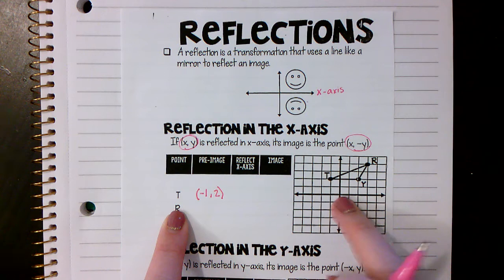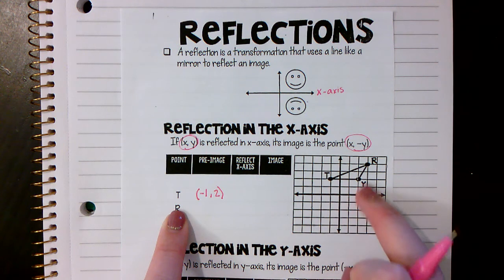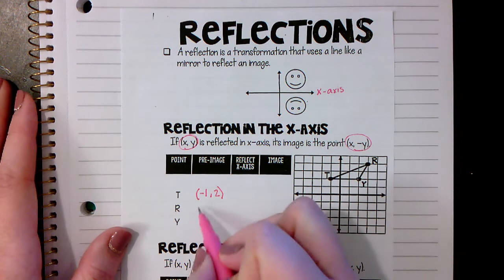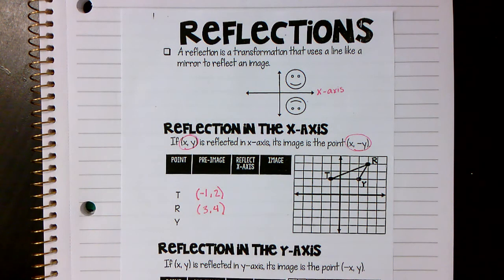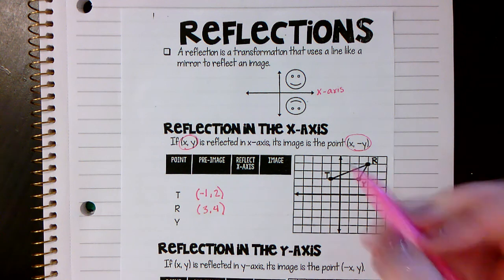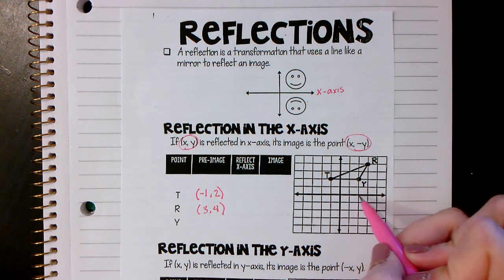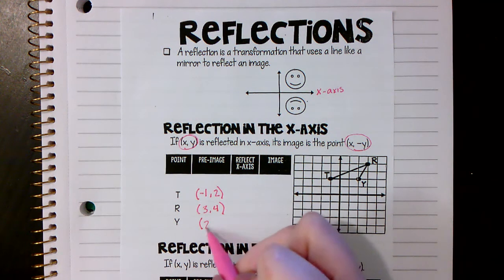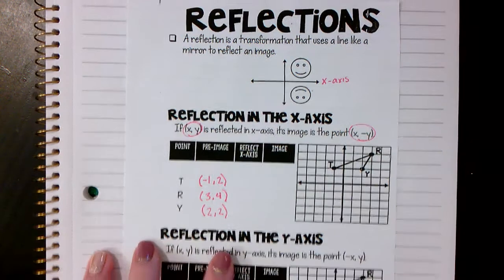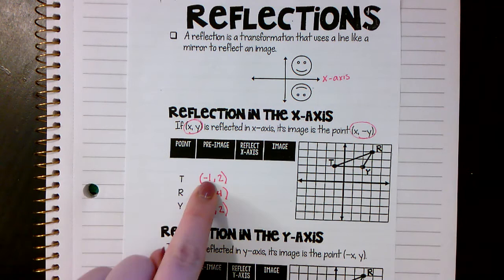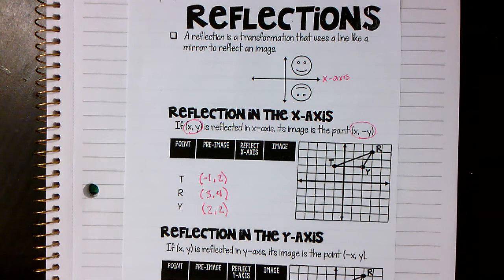R is 1, 2, 3, over and 1, 2, 3, 4 up, so (3, 4). Remember, x comes first, then y. So we move left and right, then we move up and down. And for the last one, it's over 2, up 2. So that's going to be (2, 2). So these are the values for those points.